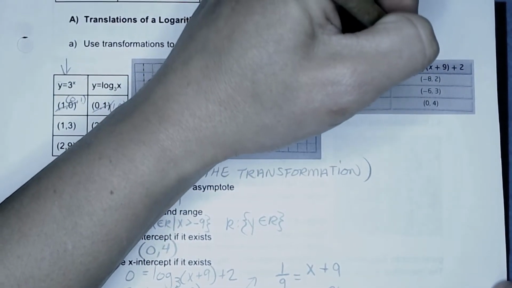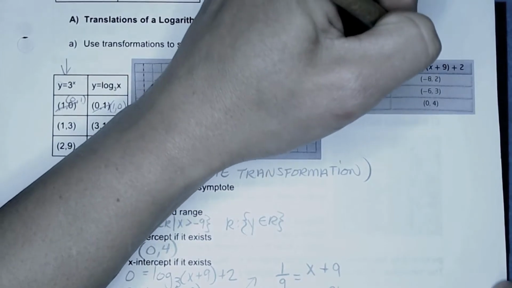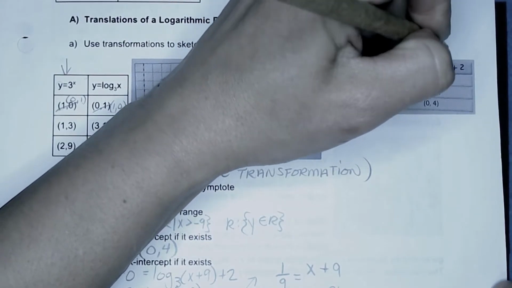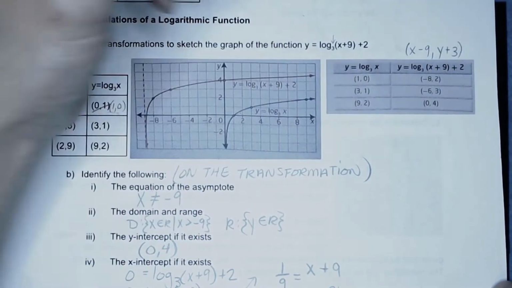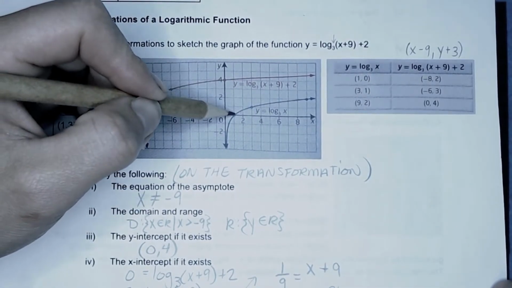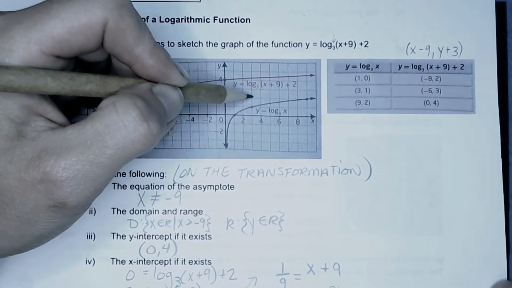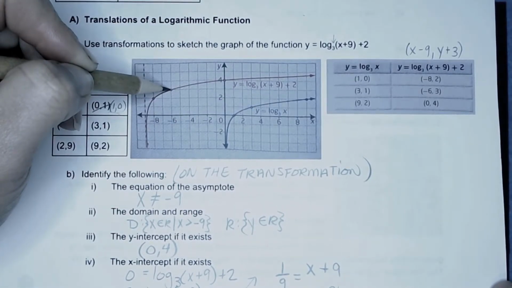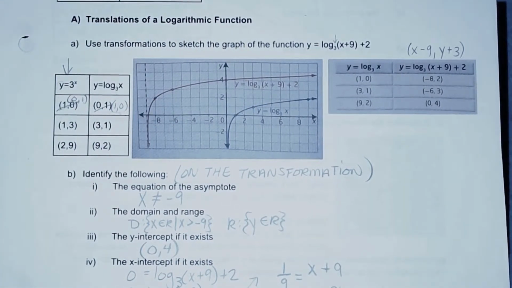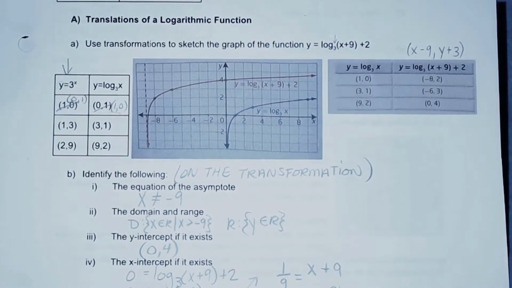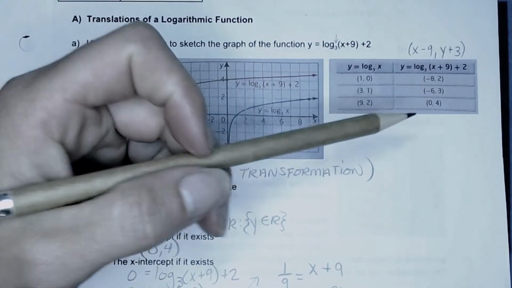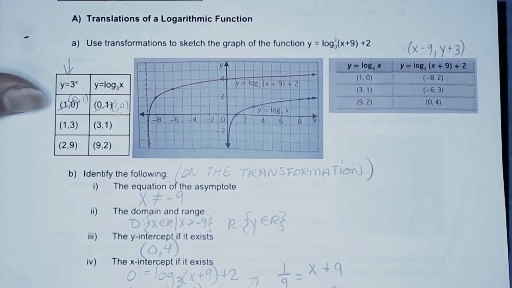So what we're going to look at is x values minus 9 and y values plus 2. So up 2 and over 9 to the left. This should look really familiar to you. It shouldn't be uncomfortable to figure out how that graph is moving.